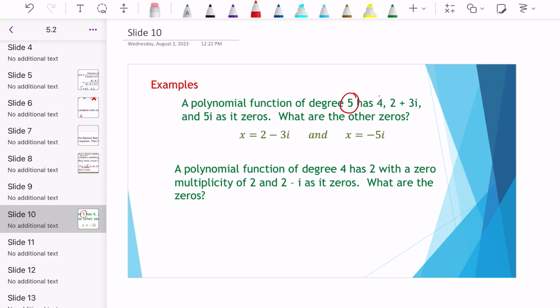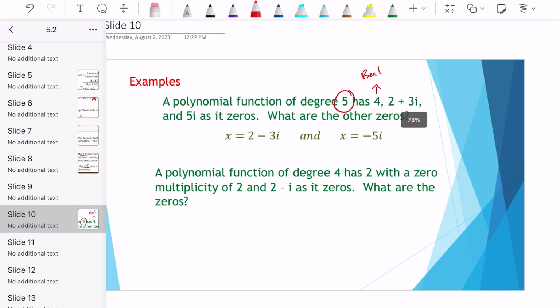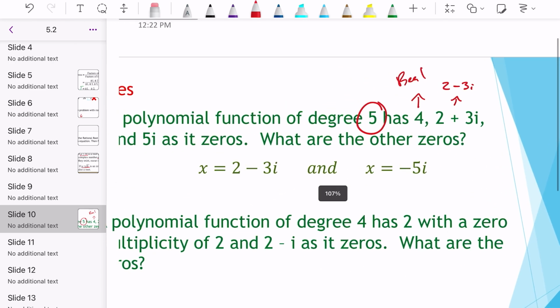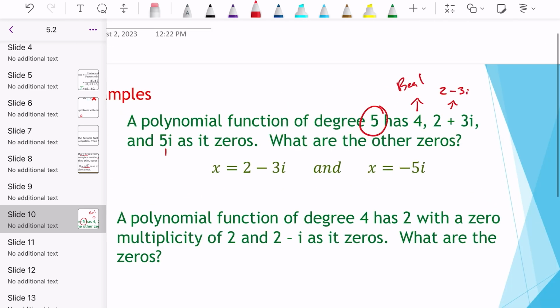Notice 4 is a real number. The other 2 plus 3i and 5i are both complex, which means we need to take a look at the conjugate. This would mean that 2 plus 3i would also have a pair, which would be 2 minus 3i, and we would have 5i, which would be a negative 5i.